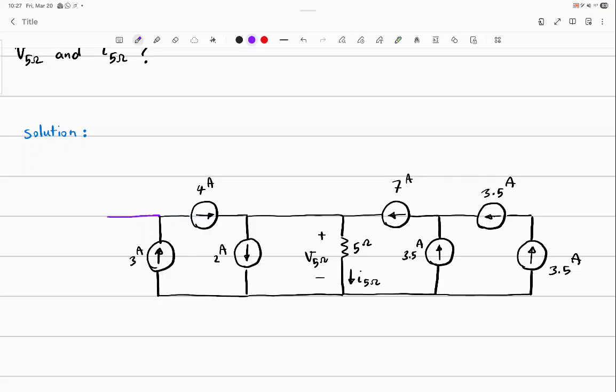What was the direction? At the same time, let's do the right-hand side as well, right? Do you see the right-hand side?